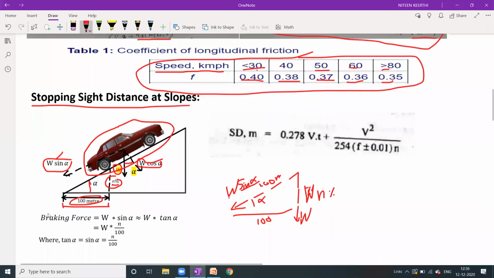So that's why I have written here braking force. The black arrow I've shown is the braking force, or I can say the resistance. So W into sine alpha is almost equal to W into tan alpha, that is W into N divided by 100.